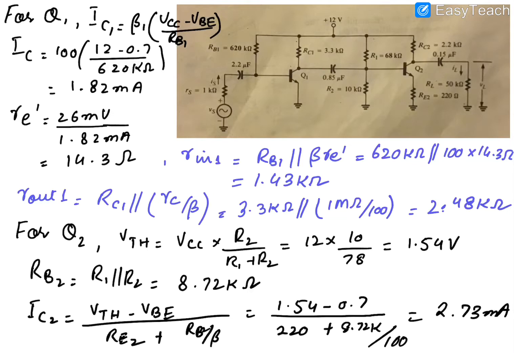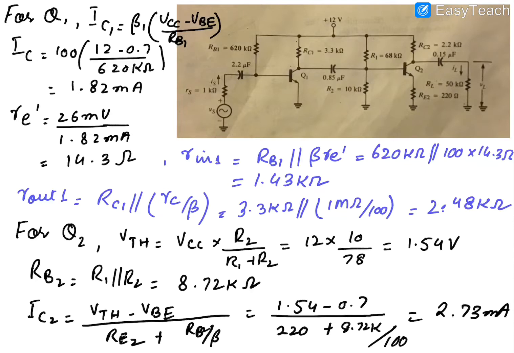For stage 1 it is equal to RC1 in parallel with small rc, the internal collector resistance of Q1, divided by beta, that is equal to 3.3 kilo ohms in parallel with 1 mega divided by 100, and it is equal to 2.48 kilo ohms. As you can see, the emitter resistance on the input side is multiplied by beta, so the internal resistance of the collector will be divided by beta on the output side.